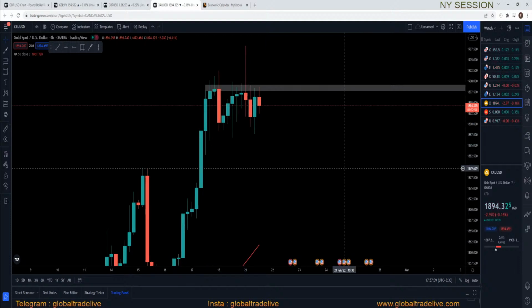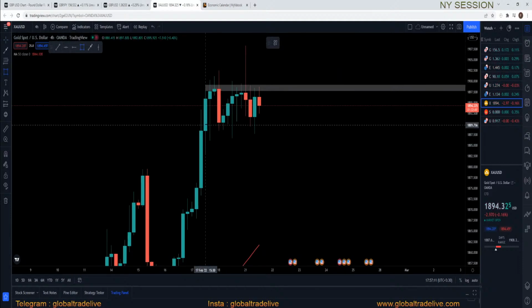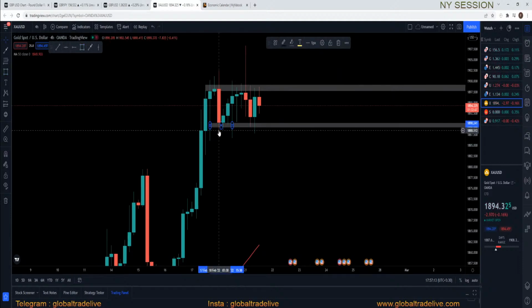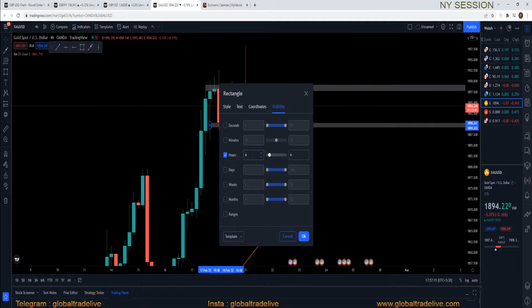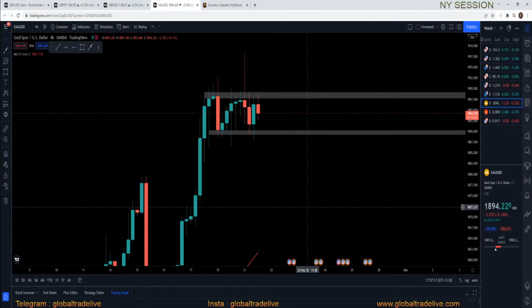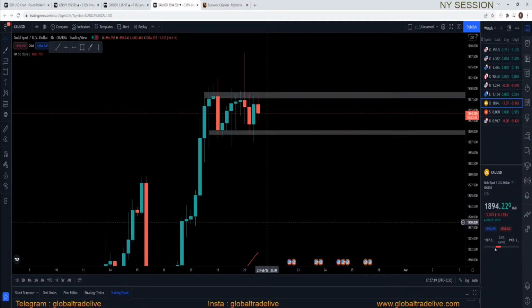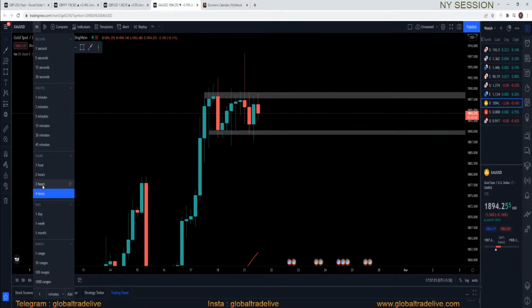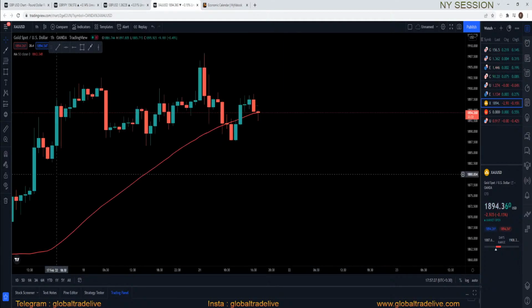Anyways, if we look at the gold over here, then the 4-hour is just ranging. Now gold can move down to this level. That means yes, it can possibly move up first and then move down.